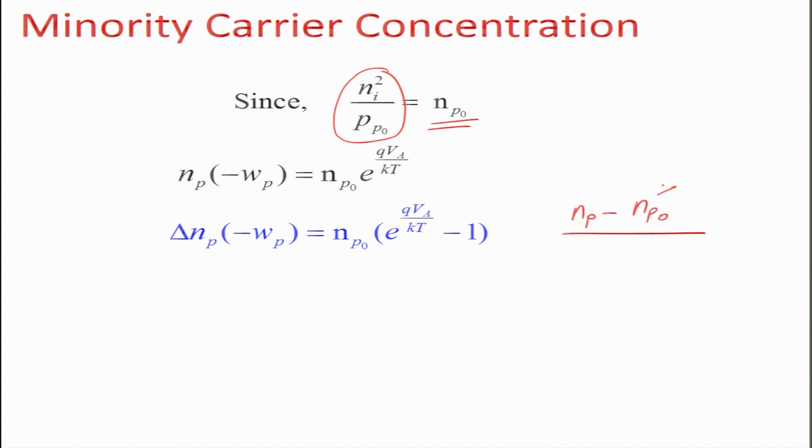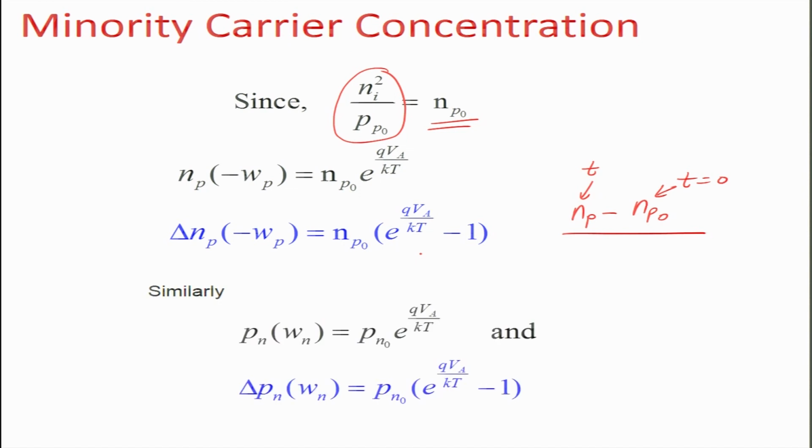This is at t equal to 0. This is at some t after the perturbation has been made. Okay. So this is straightforward. Similarly, if you do the same analysis for holes, you will get delta Pn at plus Wn is equal to Pn naught into exponential qVa by kT minus 1, using similar analysis.